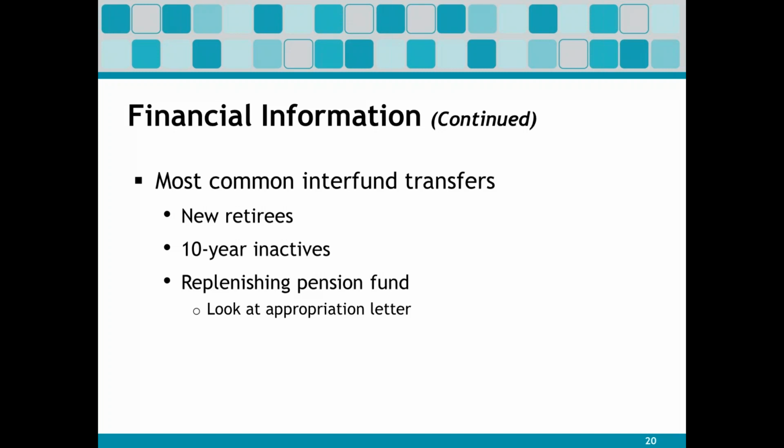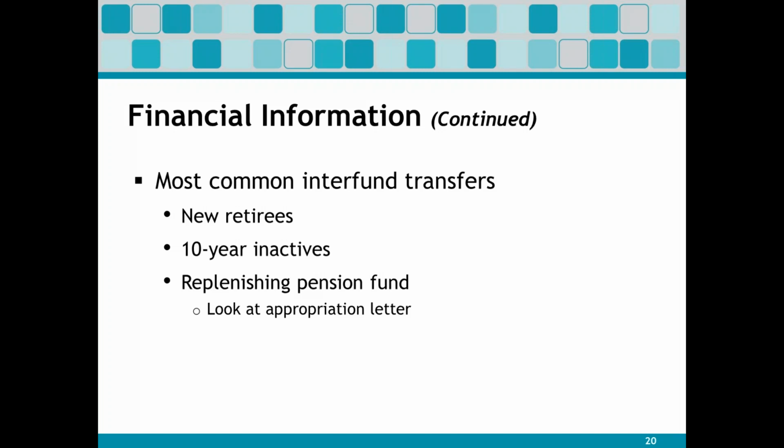But again, the 10-year inactives is only for non-vested people. If someone is vested, they're deferring in the annuity savings fund. And the last one there is for the ones whose pension fund is getting close to zero or it's going to go negative. You can put in extra money from the pension reserve just to keep that fund positive.